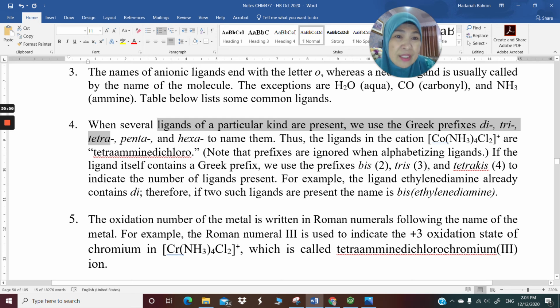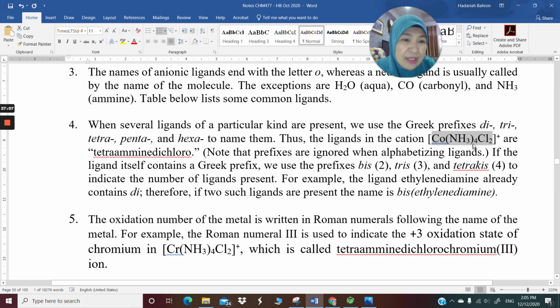Thus, the ligands in the cation, like here, you have amine, chloro, and cobalt. So it is tetraamine, yeah, tetraamine dichloro. Why do we name amine first?